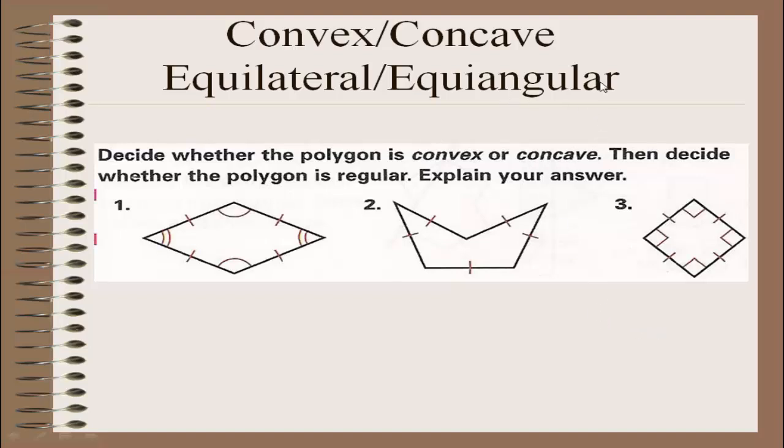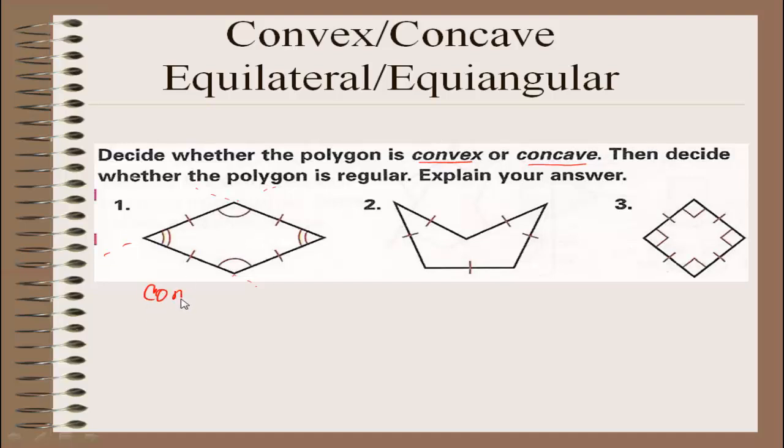Decide whether the polygon is convex or concave, okay? And then decide if it's a regular polygon, okay? Let's do number 1. Is it convex or concave? If you need to, you can go ahead and extend all the sides. And when you do that with this polygon, you'll notice that none of the extensions fall inside of the polygon.